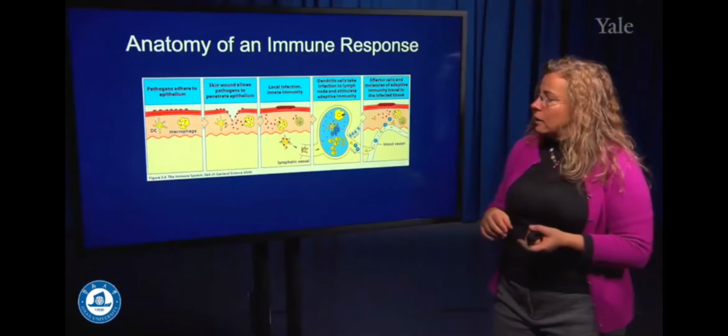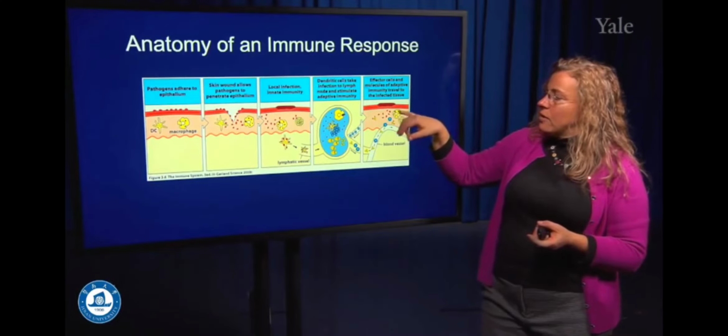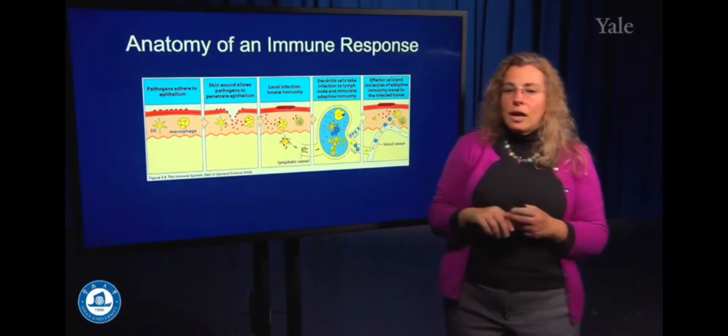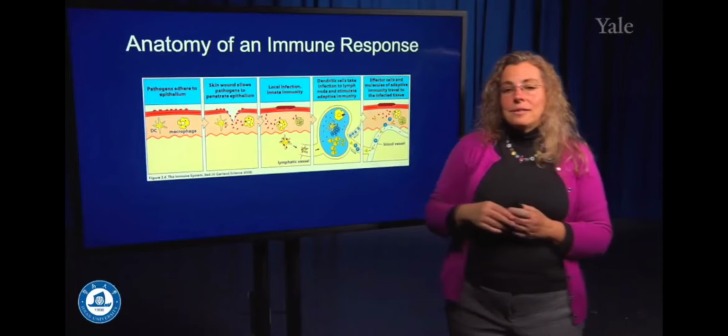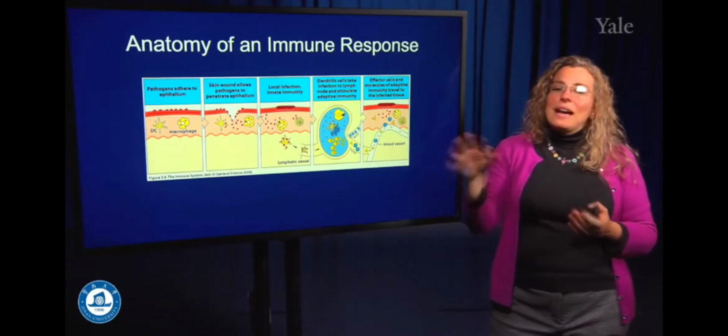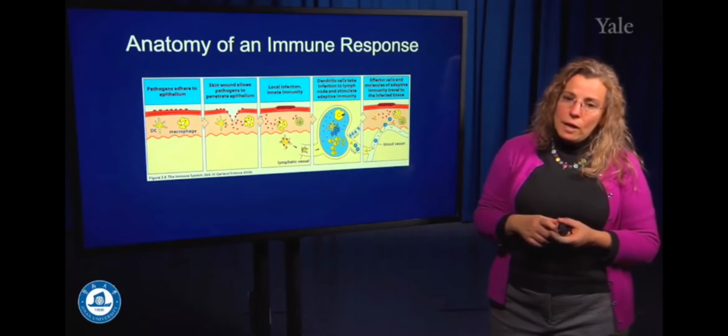One other thing to show here is that once you have the breach, for instance, you have a cut in your skin, of course it has to seal over, and the innate immune system actually helps in wound healing as well as eliminating pathogens.